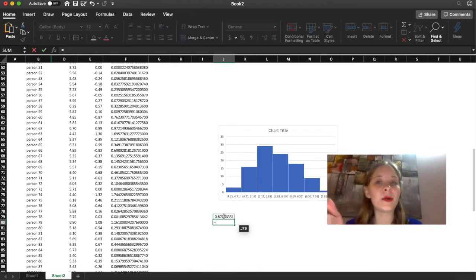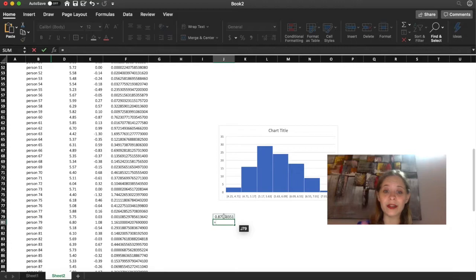So, we said that the probability of seeing someone who is shorter than 6.4 is 87%. And that's true. And the probability of seeing someone who's taller than 6.4 would actually be 1 minus 87%, because probabilities need to add up to 1.